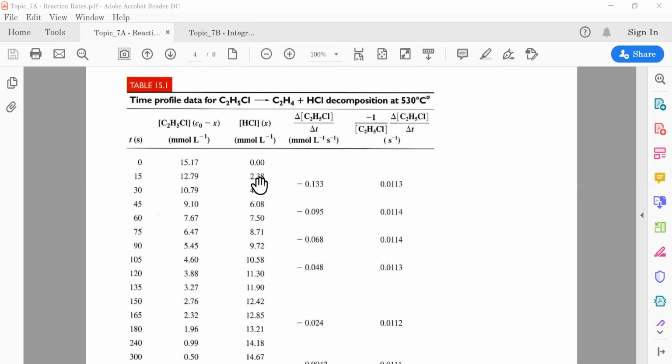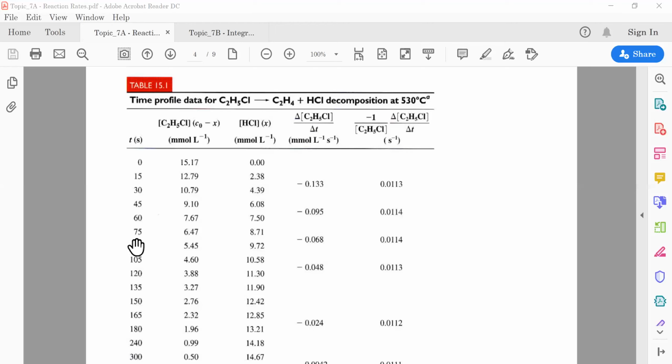And as the reaction proceeds to longer and longer times, the concentration of the reactant is going down, the concentration of the products is going up. But if you look at each of these separate intervals here and calculate how fast it's going down, the interval between 15 and 30 seconds had a decrease of 0.133 millimoles per liter per second, whereas between 45 and 60 seconds, it's 0.095.